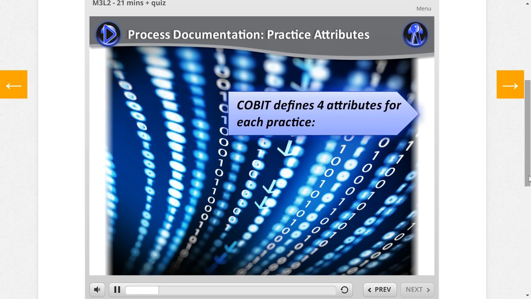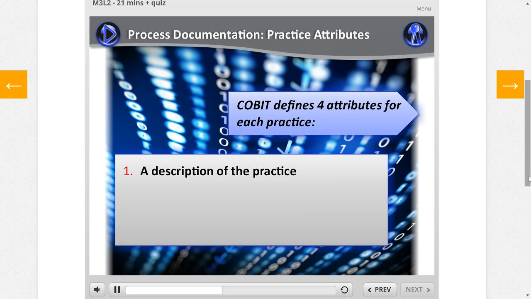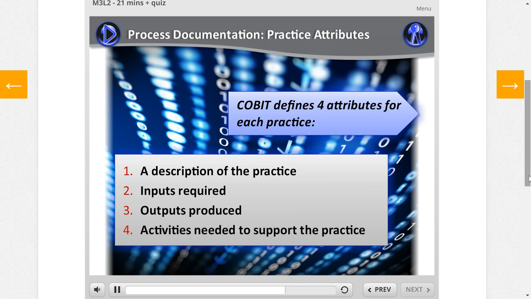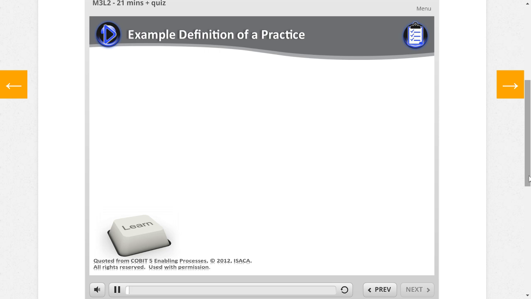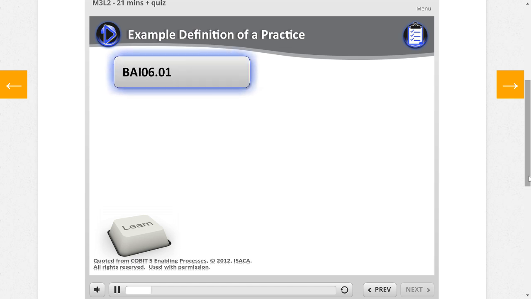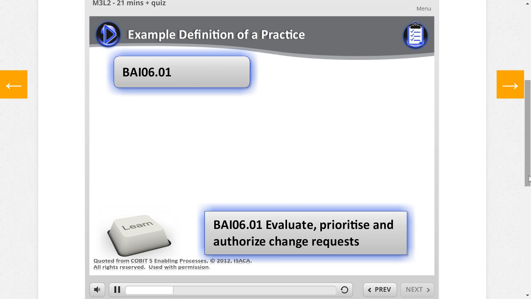COBIT defines 4 attributes for each practice: a description of the practice, inputs required, outputs produced, and activities needed to support the practice. Let's examine these practice attributes in more detail and use the practice BAI-06.01 Evaluate, Prioritize, and Authorize Change Requests as an example.